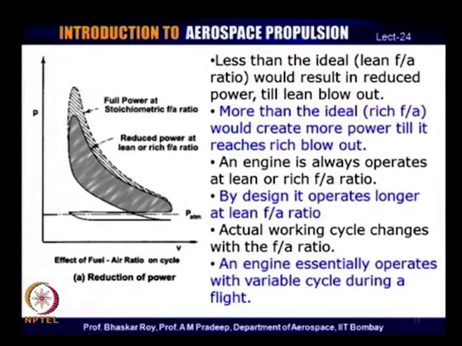Now, this means that the actual working cycle changes with the fuel air ratio. Each fuel air ratio then actually produces one real cycle, as a result of which one can say that every engine during its entire flight spectrum is operating essentially in a variable cycle manner.